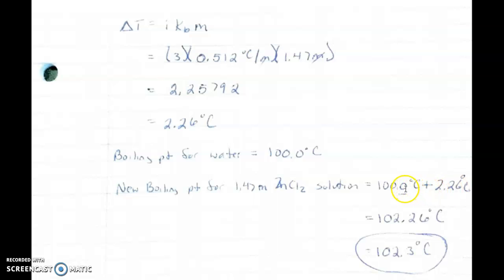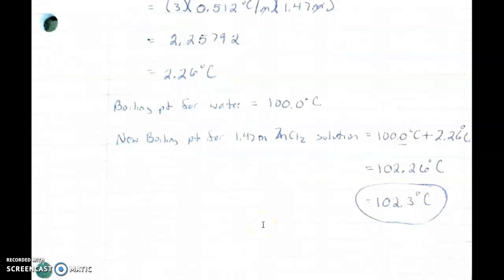Our final answer can only go out as far as the tenth position, but we have to look at this number to tell whether this 2 will remain a 2, or if this number is 5 or above, we're going to round up. Since it's 6, we round that up. Our final answer is that the new boiling point for the 1.47 molal solution of zinc chloride is 102.3 degrees Celsius.